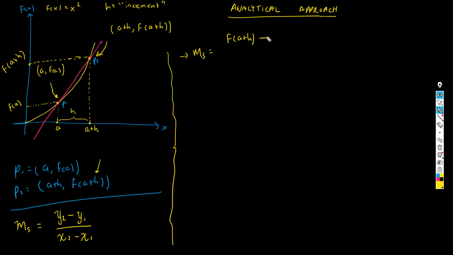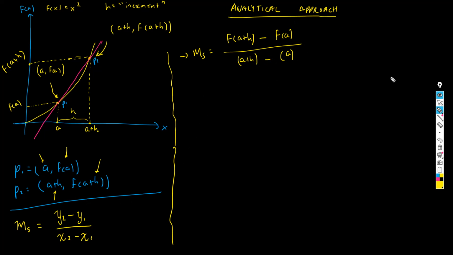Minus y1, which is this number, over x2 minus x1. What is x2? It's this number, a plus h, minus x1, which is this number. Okay, so we have this.